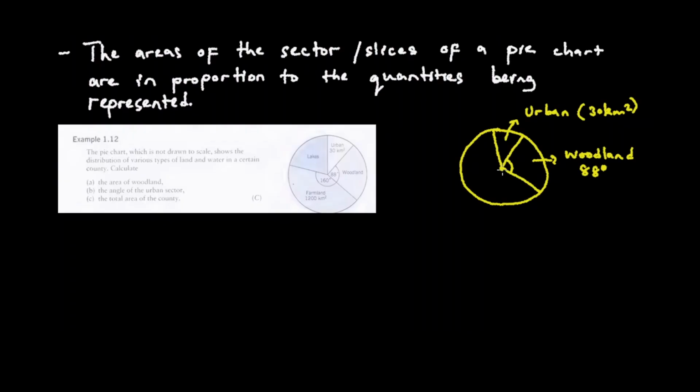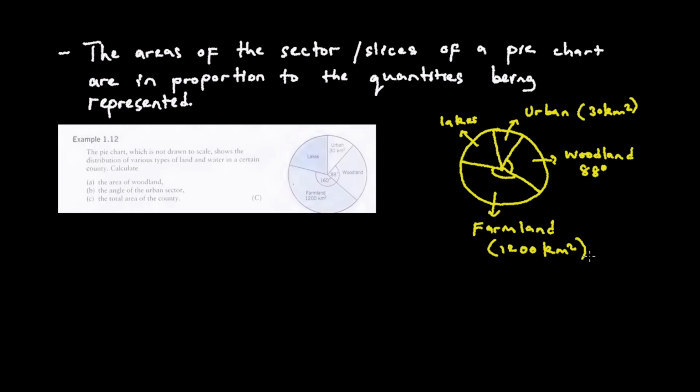Then apo we have lakes. We are given nothing on lakes. Atinopiwa area even enengo. Then pano we are given an engo. This is farmland, and farmland is 1200 square kilometers.